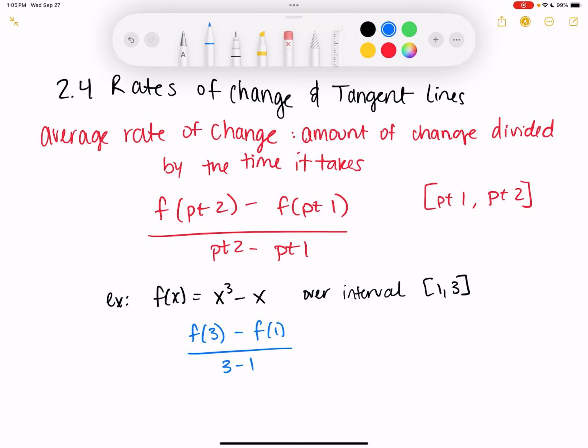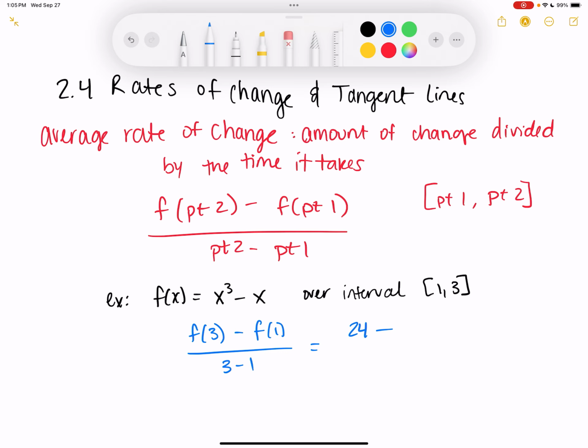So if I plug in 3 to f of x, what would I get? So basically, what's 3 cubed minus 3? 3 cubed. 24. You still half asleep?